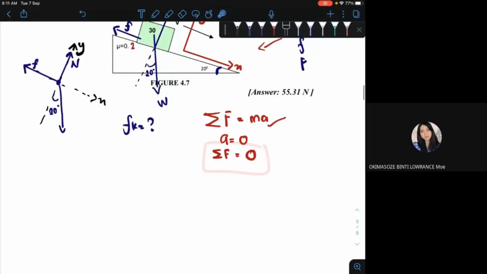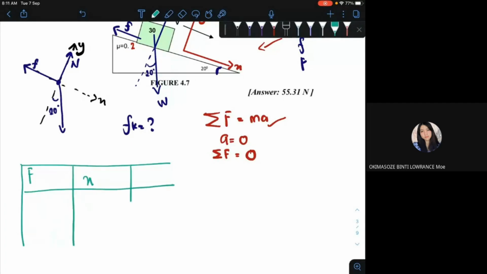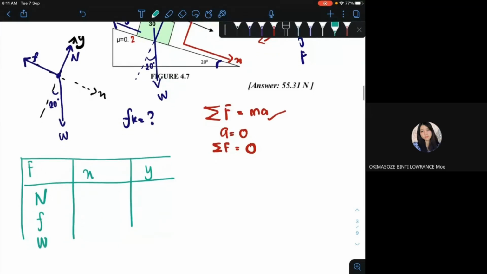So apa yang kita nak buat lah, kita akan masukkan dalam table kita. Kita akan ada forces, X component, Y component. Forces yang kita ada jenis-jenis normal, frictional force dan juga weight. Okay. So kita pun masukkan normal, frictional force dan juga weight. Okay. So your normal is along Y component. So X0. Ini jadi normal.